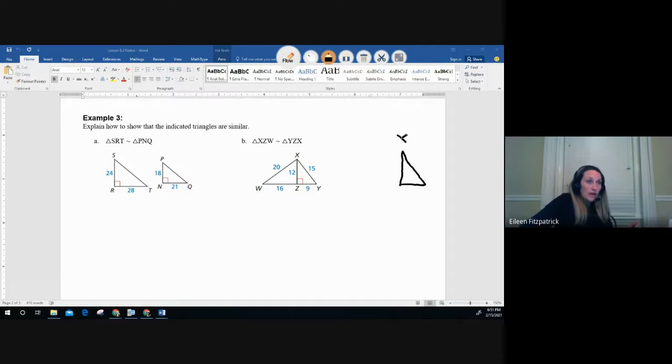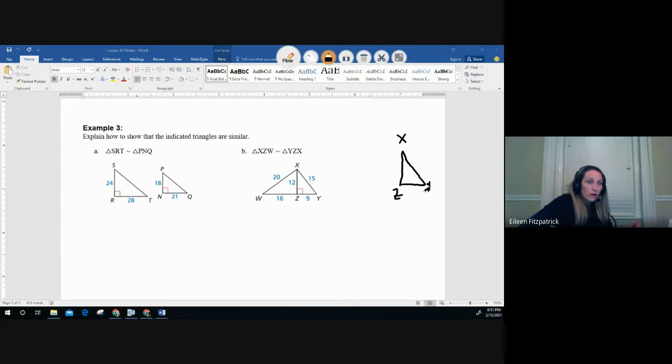So here I have XZY, with my right angle here, okay? And I have 15 units, 12 units, and 9 units. All right, and then I have triangle. I want to orient it the same way.